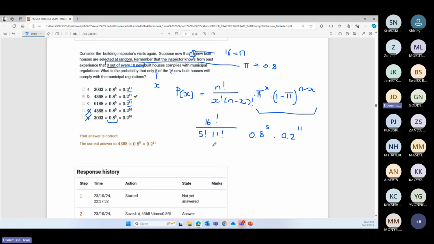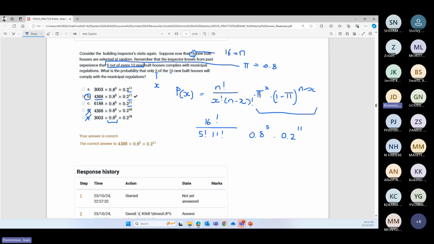Okay, let's see if my calculator has the power or the memory to do that. Okay, so it can get to 16 factorial, a weird number, but then I divide it by 5 factorial. So it still is a big number. So then I divide it by 11 factorial. And then my answer is 4368. Okay, so that you can do on your calculator.